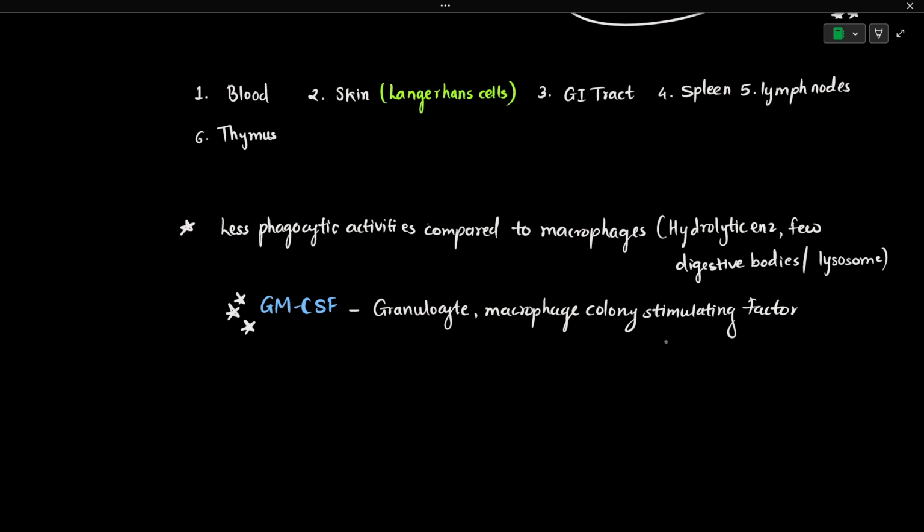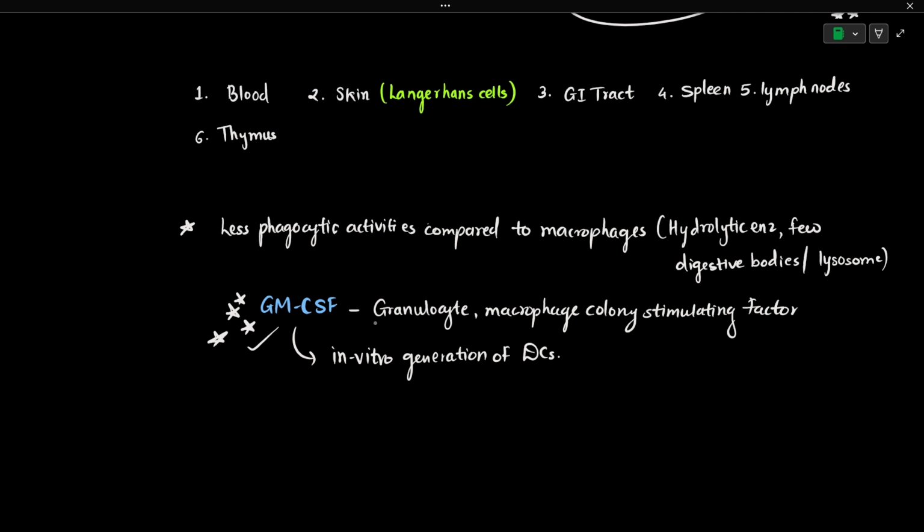So this GM-CSF is very important. When we use GM-CSF, we can generate the dendritic cells in vitro. So this is used for the in vitro generation of dendritic cells, because for the development of dendritic cells in vitro, GM-CSF can work wonders.